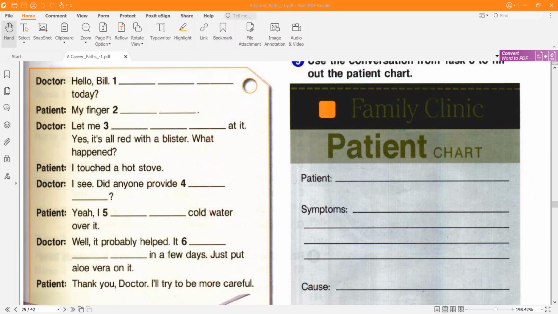Exercises 6 and 7, page 23. Hello, Bill. What's troubling you today?